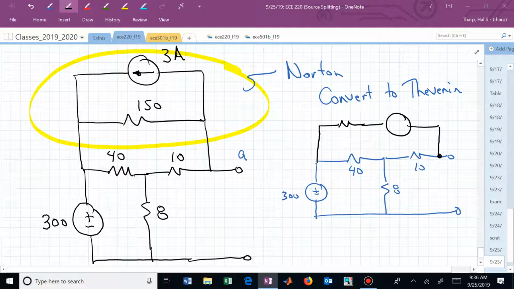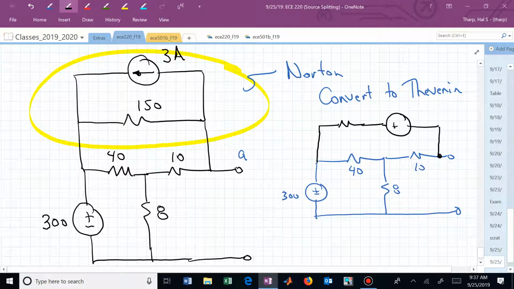That's the structure. Now I have to assign values to those pieces. And what kind of a source do I have now? Current or voltage? Voltage. And where is the polarity sign, the positive polarity sign on that voltage source? On the right or on the left? Needs to be consistent with the direction of the current in the current source.